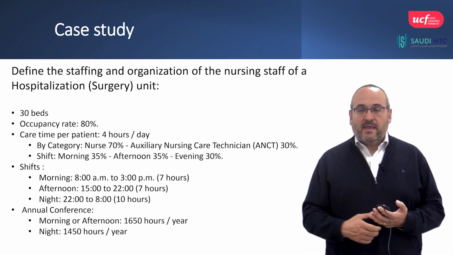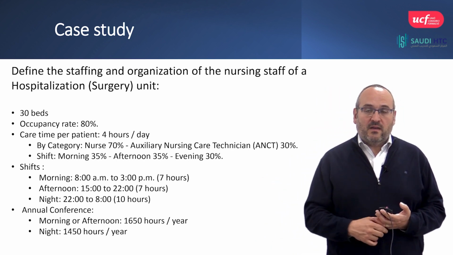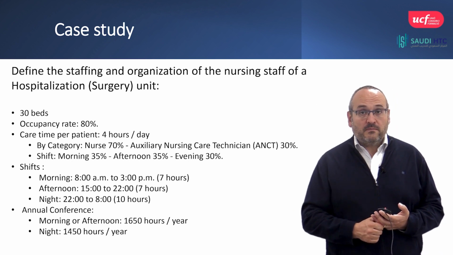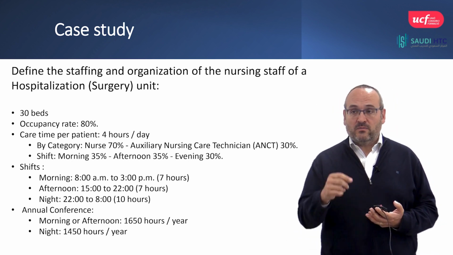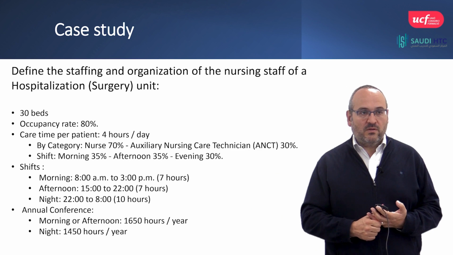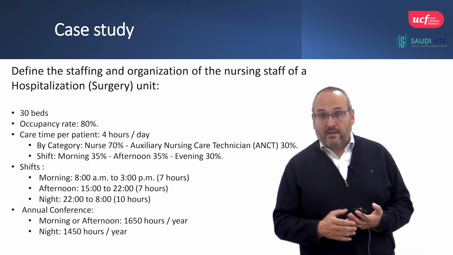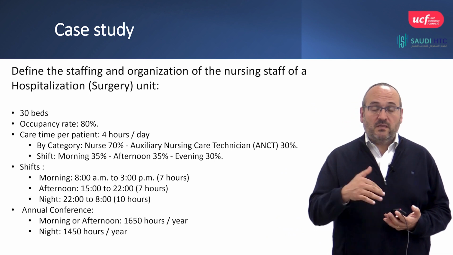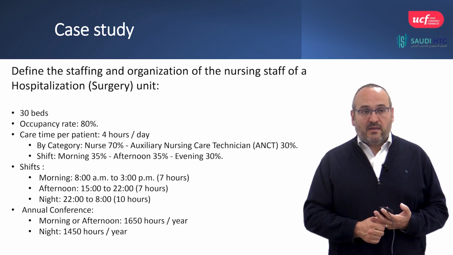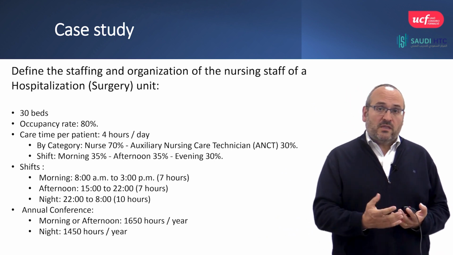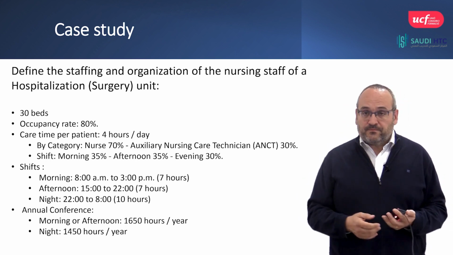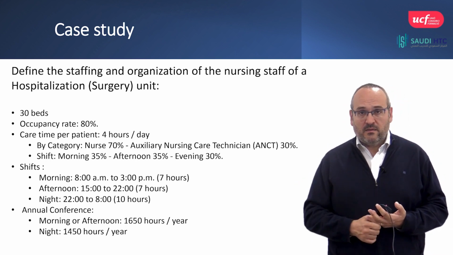And finally, we must also have information on the annual working hours, i.e., the number of annual working hours that each professional must have. A professional on the morning or afternoon day shift must work 1,650 hours and 1,450 hours in the case of the night shift.